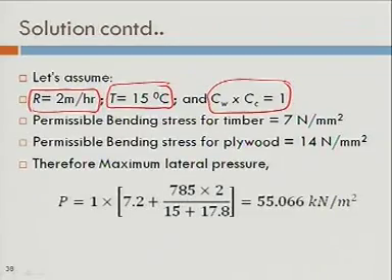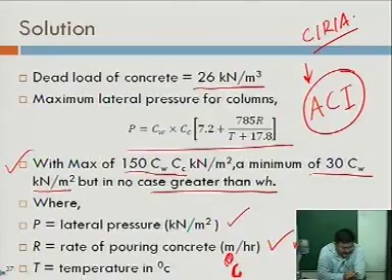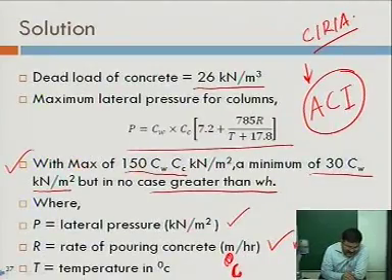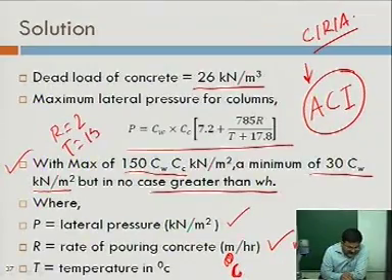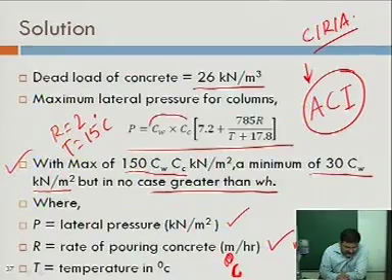So can you calculate the pressure please with all this information? R you can take it as 2, T you can take it as 15 degrees Celsius, and the value of Cw and Cc multiplied together you can take it as 1.0.